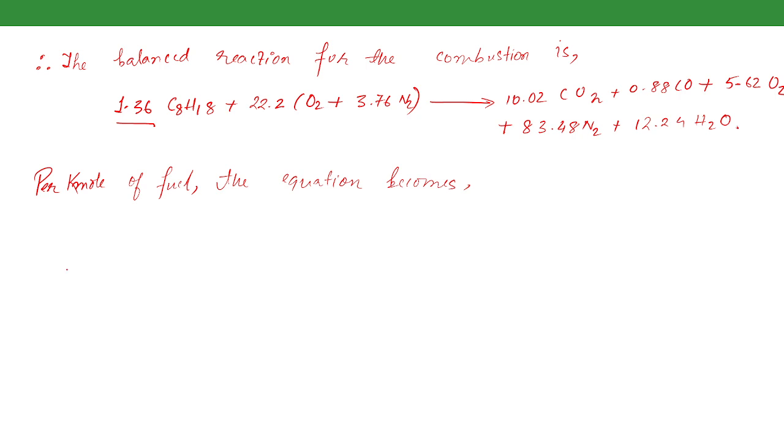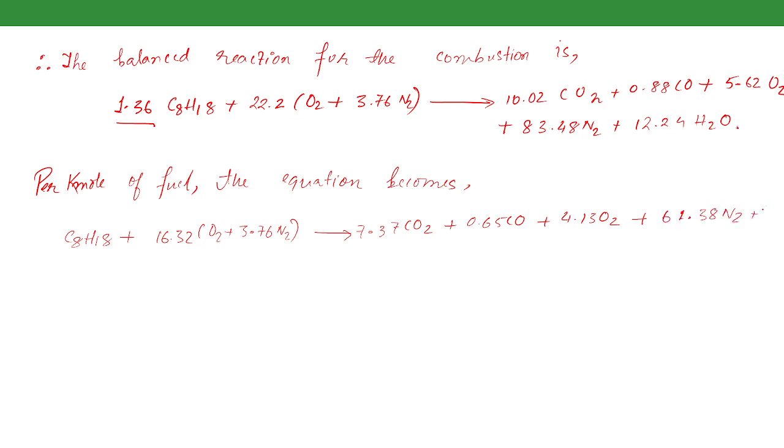So it is C8H18 plus 16.32 oxygen plus 3.76 nitrogen. It will give 7.37 carbon dioxide plus 0.65 carbon monoxide plus 4.13 oxygen plus 61.38 nitrogen plus 9 water.